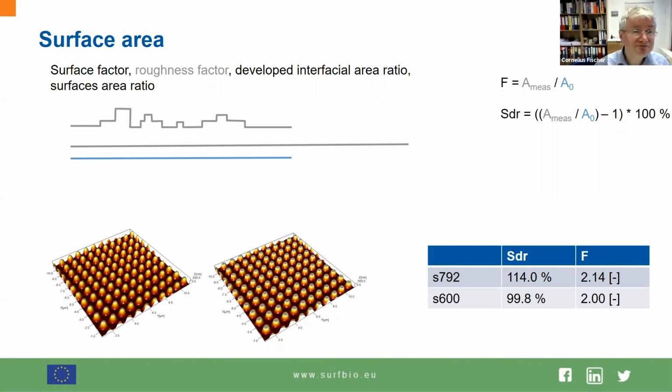You can say, okay, the projected area or line, the blue line here, is enlarged by a factor of X because of the topography that has been added. So that's the uppermost line here. And if you calculate this enlargement factor, this is sometimes just referred to as the roughness factor, or as a percentage, as it is shown here, the surface difference ratio.